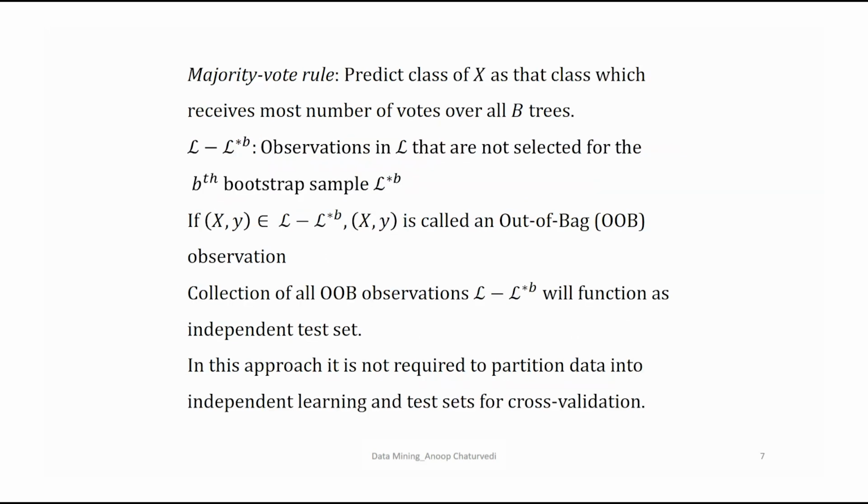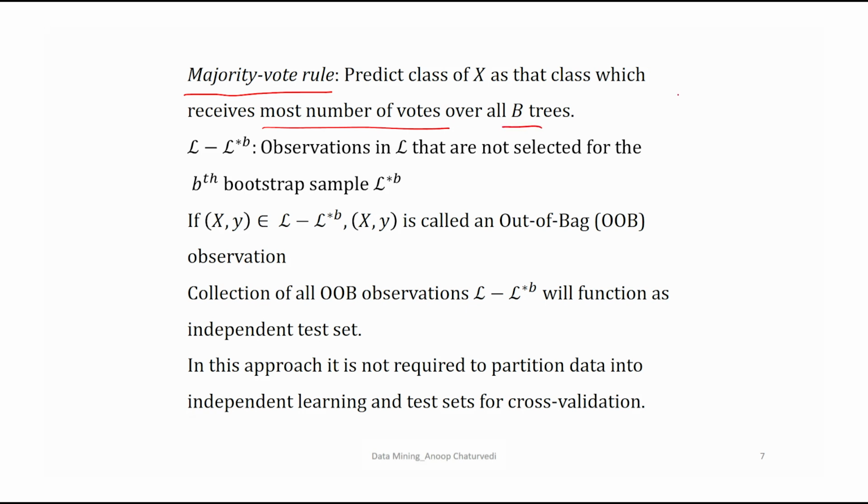And then to determine a particular class to which x belongs, we use the majority vote rule. Say we predict the class of x as that class which receives the most number of votes over B trees.